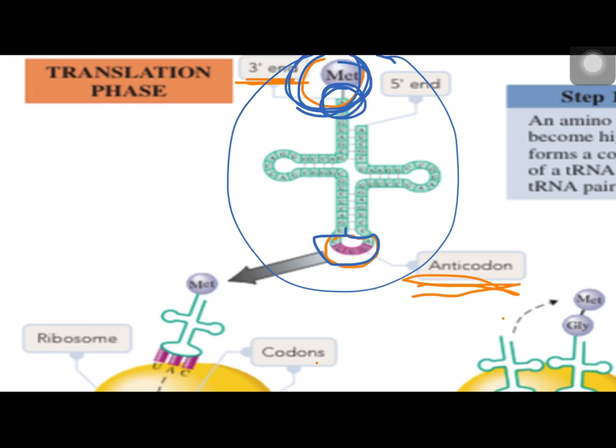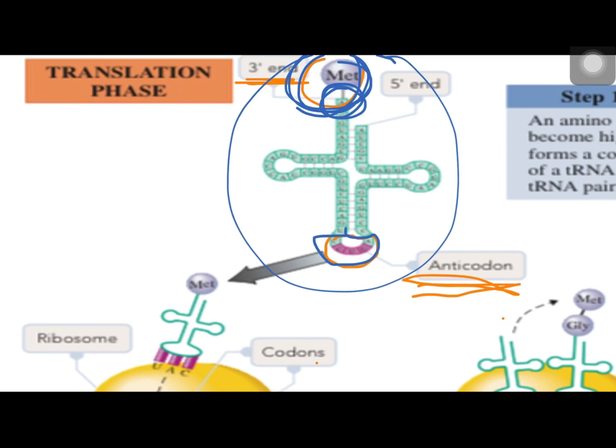An anticodon is a three-nucleotide sequence on a tRNA molecule that is complementary to a codon on an mRNA molecule, meaning it is paired to a specific codon that matches its nucleotide sequence. As I have said, the bases have their own pair.